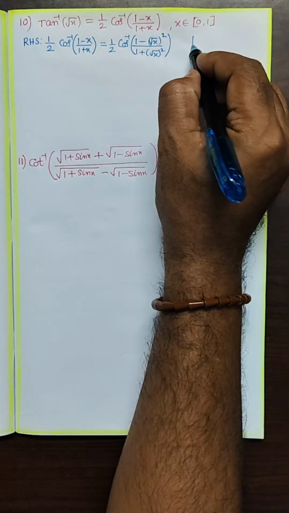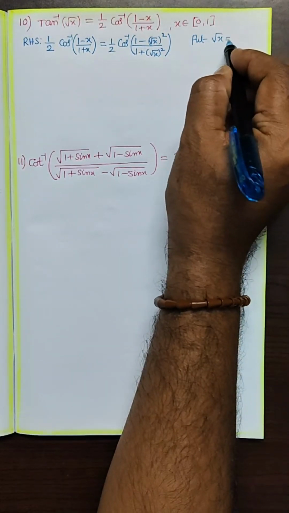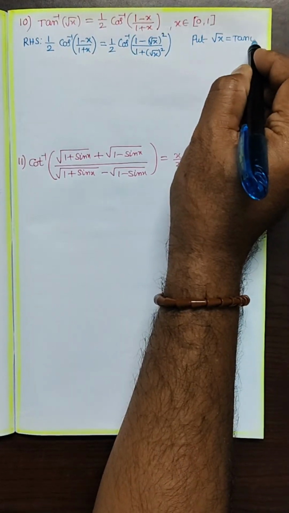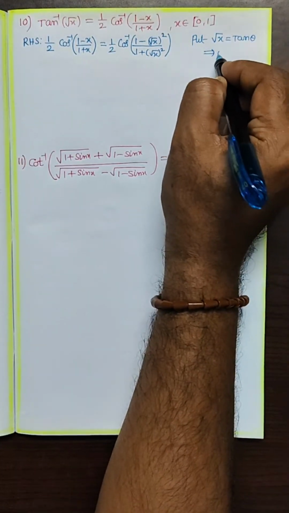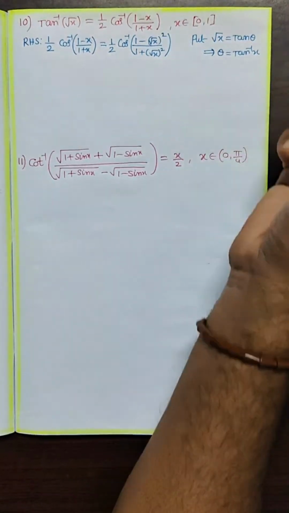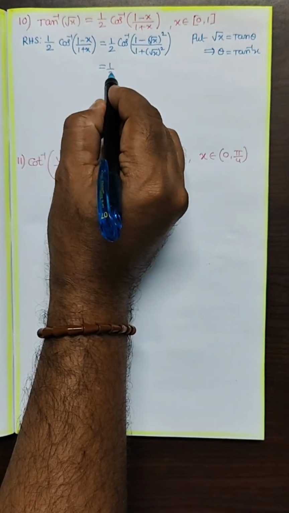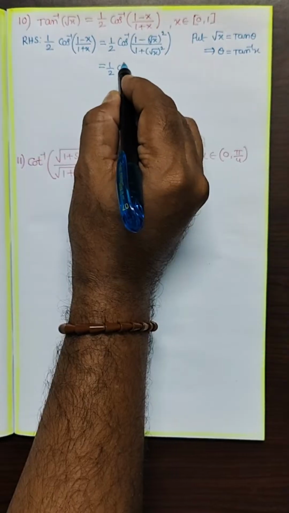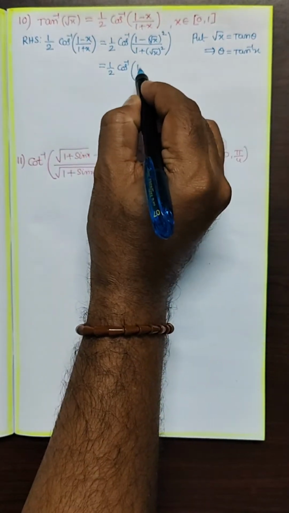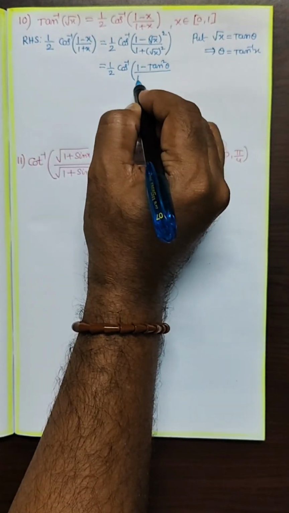So here put root x equal to tan theta. That implies theta is equal to tan inverse of root x. Till here you got it, dear students. Wherever root x is there, replace with tan theta: 1 by 2 cos inverse of (1 minus tan square theta) divided by (1 plus tan square theta).